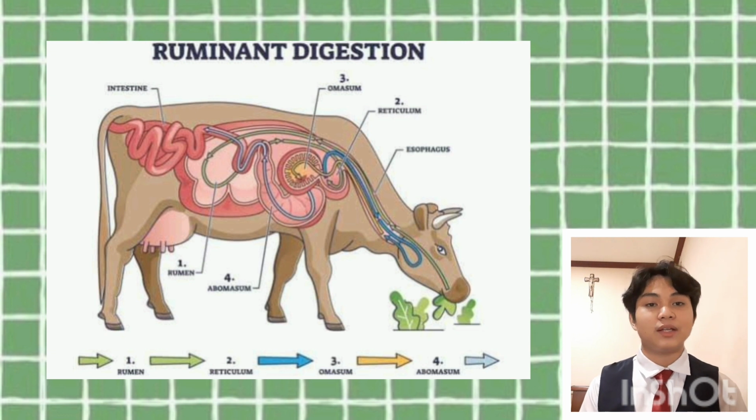In contrast with cnidarians, most animals and humans have a digestive tube that extends between two openings, a mouth and an anus. Such a tube is called the complete digestive tract or the alimentary canal.